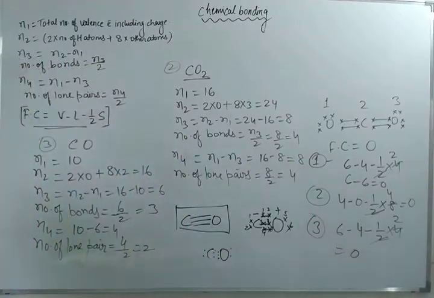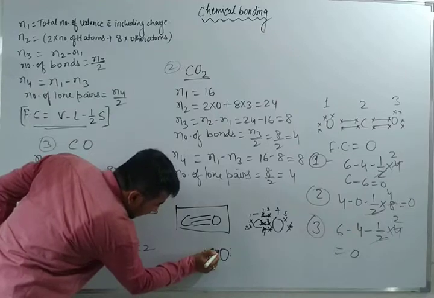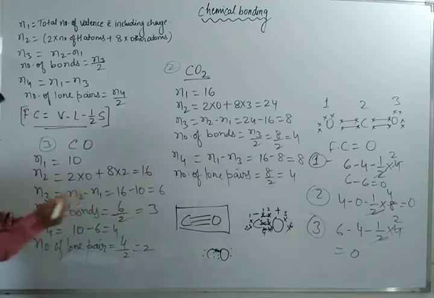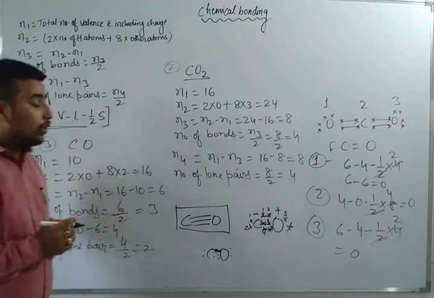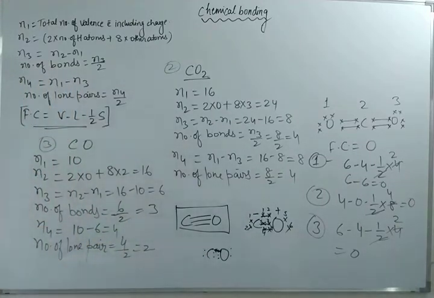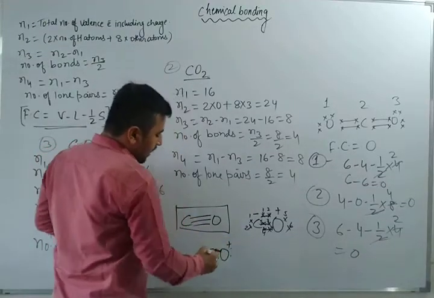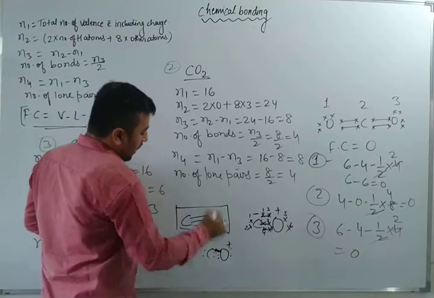Just check the valence electrons. Okay, have you checked the valence electrons? Now I am telling you, this is the oxygen valence electron, this one is oxygen valence electron. So I have drawn an arrow towards the carbon side. What does it mean? Both the electrons are of the oxygen atom, right? So oxygen is giving one electron, so plus charge. Carbon is taking one electron, so minus charge.